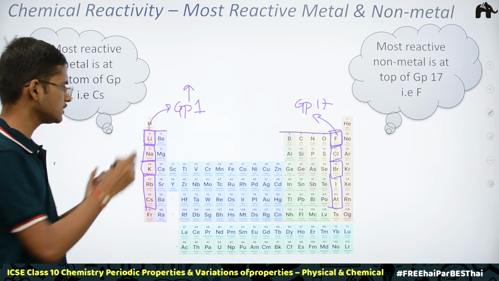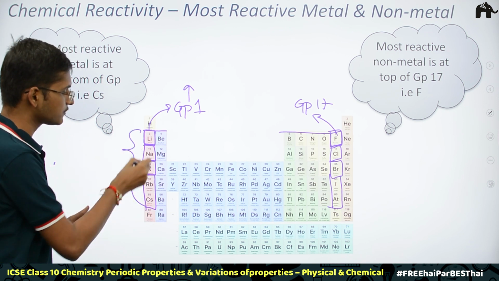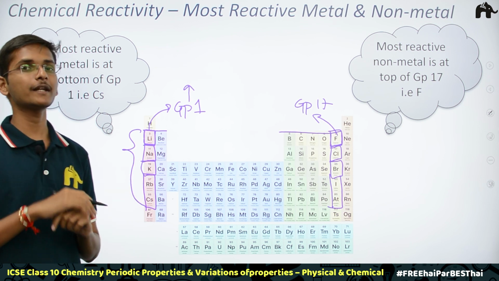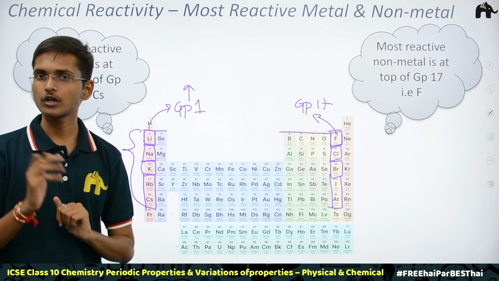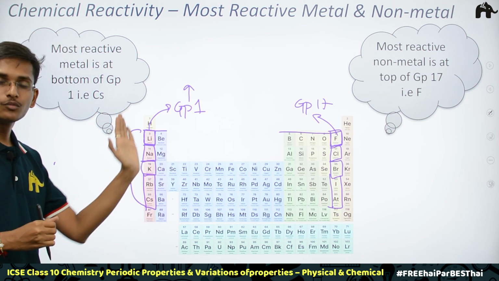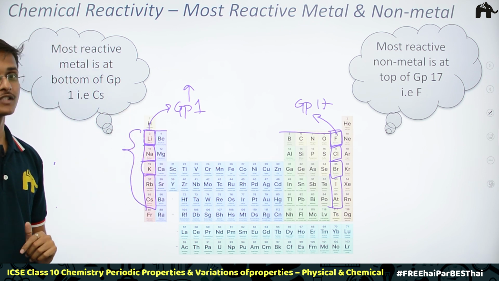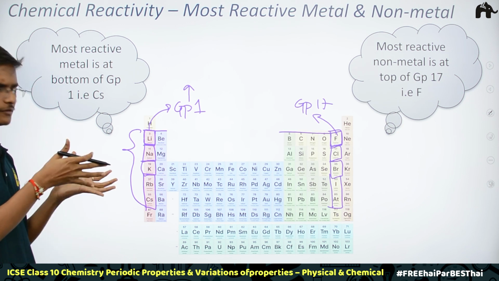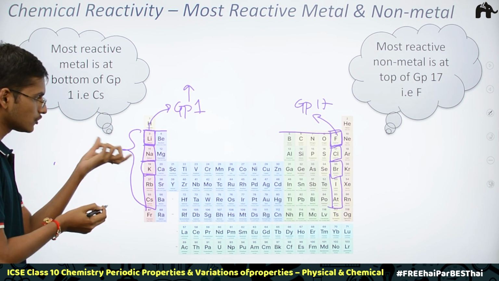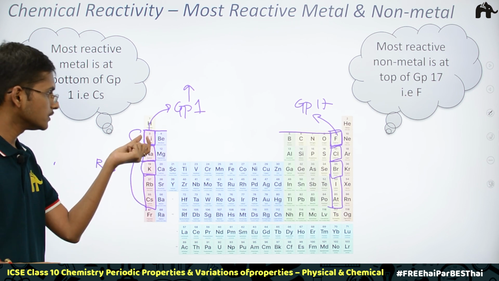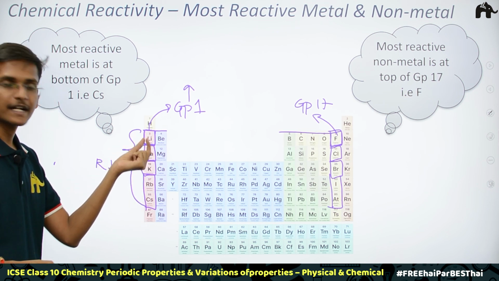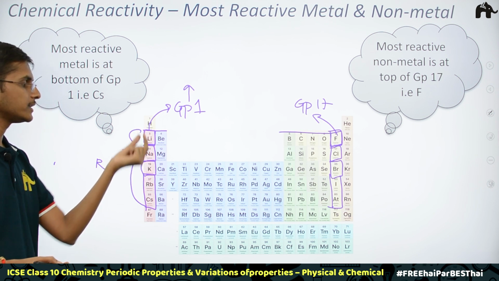Now see, among lithium, sodium, potassium, rubidium, cesium, we apply the concept of the chemical reactivity trend down the group. What we saw: in the case of metals, when we move down the group, reactivity increases. Just a few slides ago we saw that. This means sodium is more reactive than lithium, potassium is more reactive than sodium and lithium, and so on.